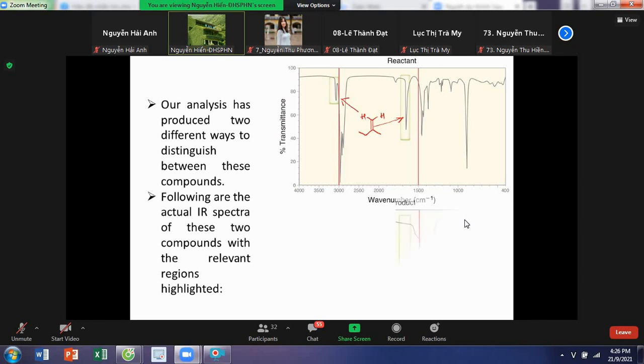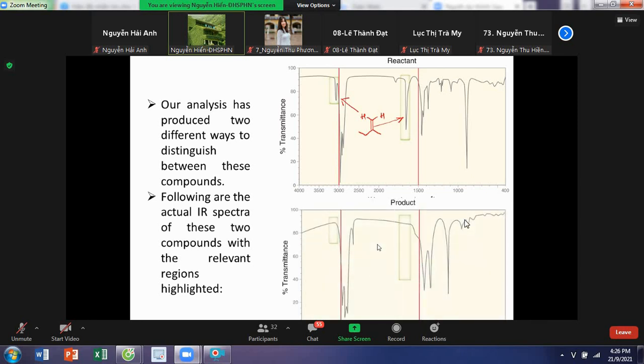And the infrared spectrum of the product has a different structure. The product is the tetrasubstituted alkene, so you have two methyl groups. In this way, you see that the signal of C-sp2-H has disappeared, and also you don't have a signal for the C=C bond, even though you have it in your structure, because this one is symmetric.